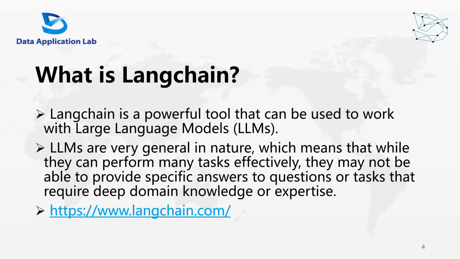So with the help of Langchain, we can use our data and a large language model and create an application based on that. You can refer to the documentation below for more information about Langchain.